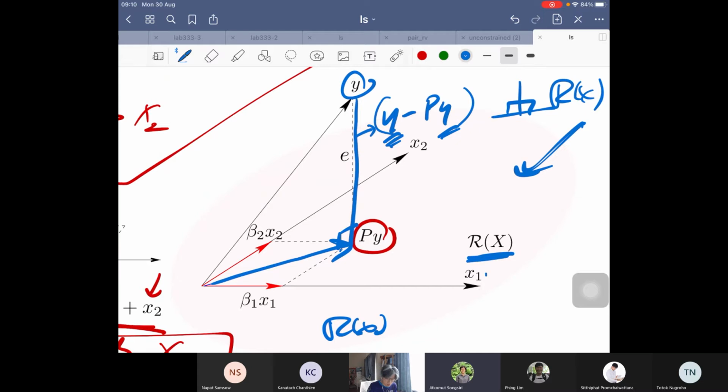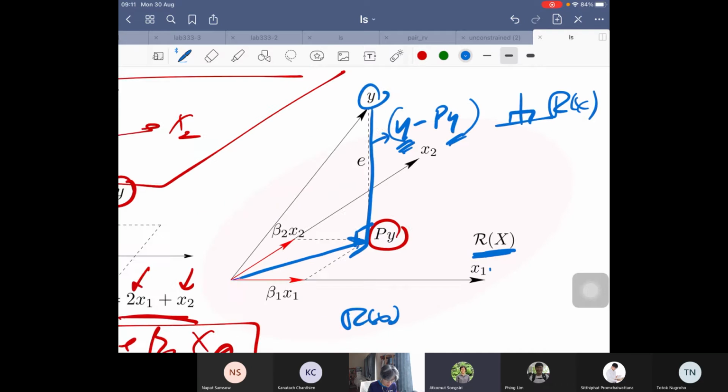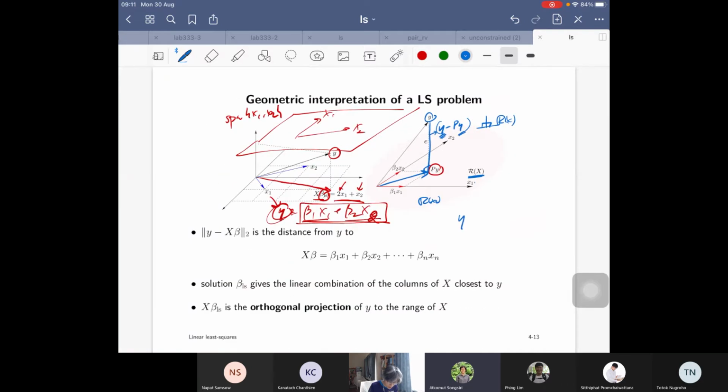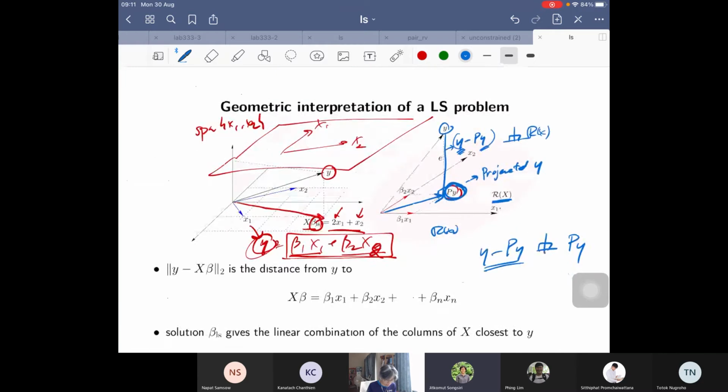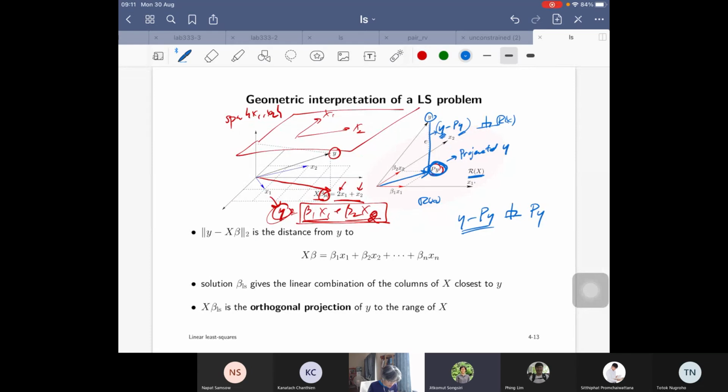And because the subspace Rx has basis vectors x1 and x2, you can also say that the error vector is orthogonal to py as well. We're going to show later what p is, but for now py means the projected vector, the projection of y onto the subspace Rx.